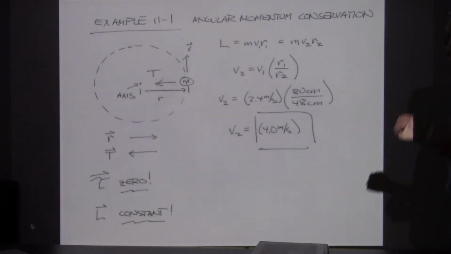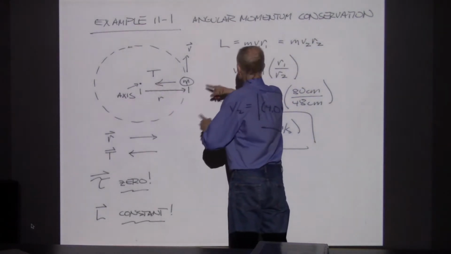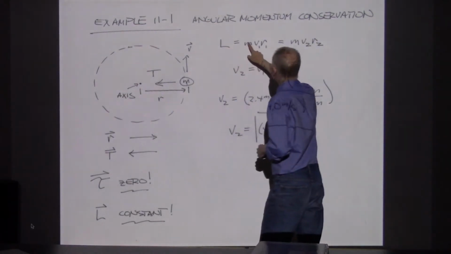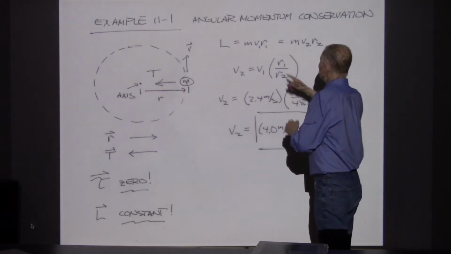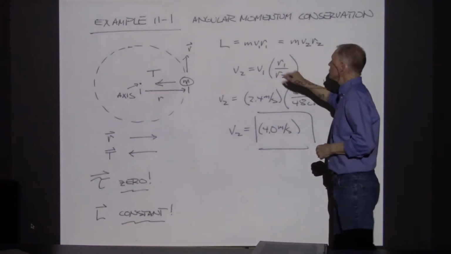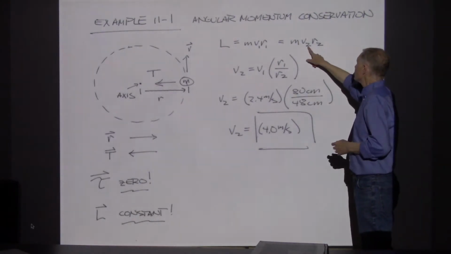Now, if there's no torque, then the angular momentum would have to be constant. So currently the angular momentum is given by m v1 r1, and if we shorten the value of r from r1 to r2, the v2 will change.